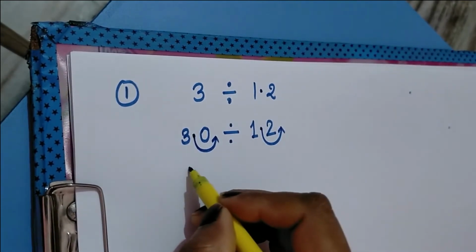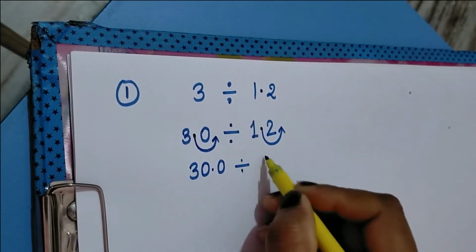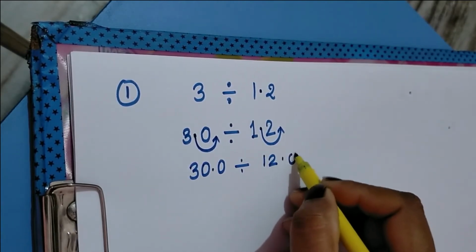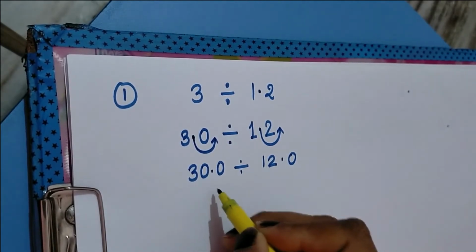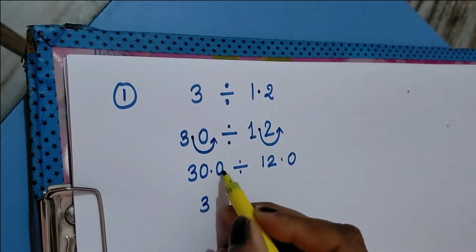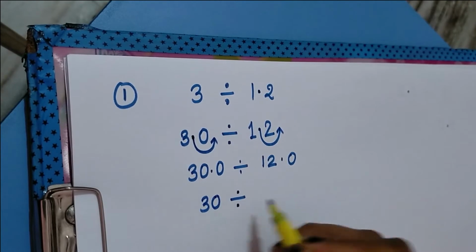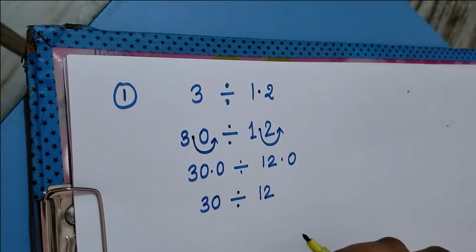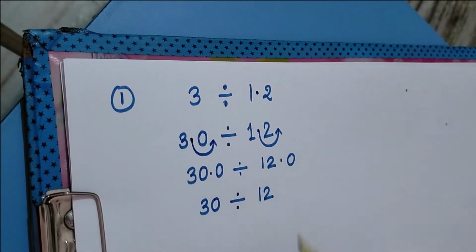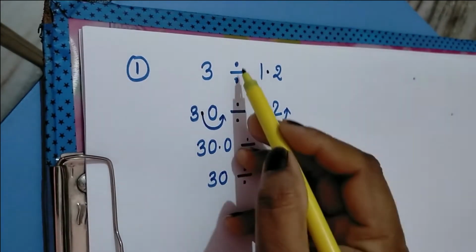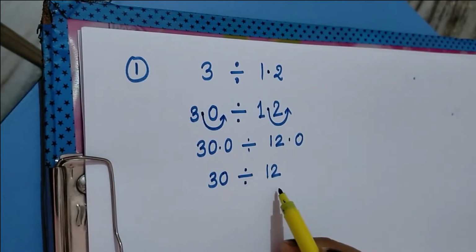So now the numbers are 30.0 divided by 12.0, or when we write like this, we can eliminate the decimal point and 0 from here. So now it is 30 divided by 12. As I already cleared in the basic points, we can do this. So now our question, 3 divided by 1.2, can be written as 30 divided by 12.